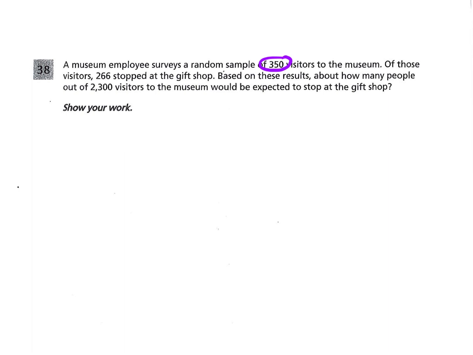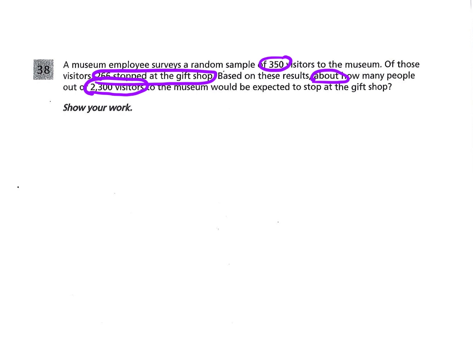Of those visitors, 266 stopped at the gift shop. Based on these results, about how many people out of 2,300 visitors to the museum would be expected to stop at the gift shop?